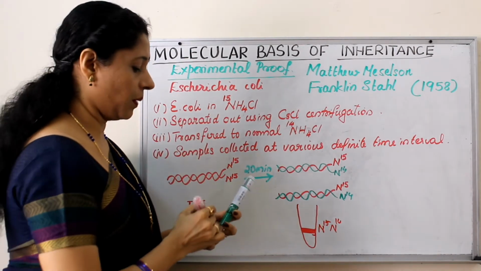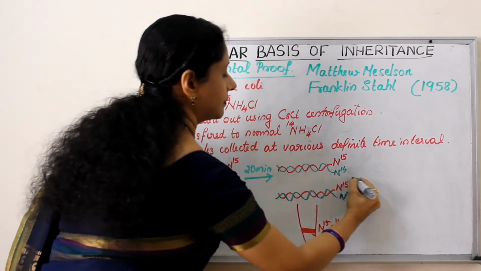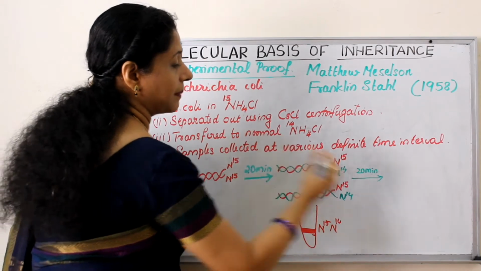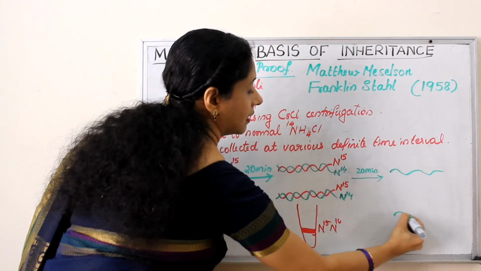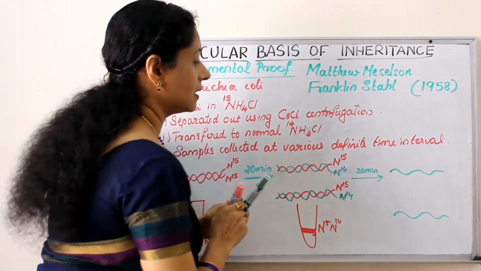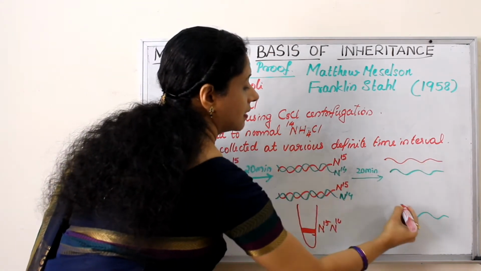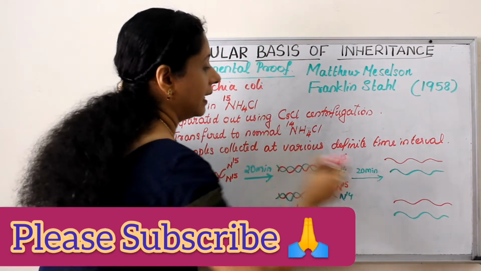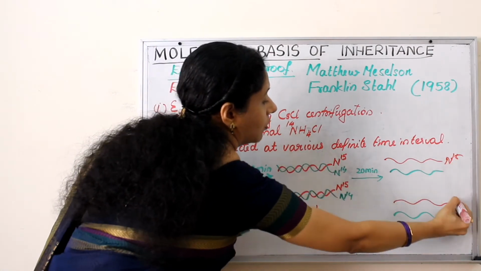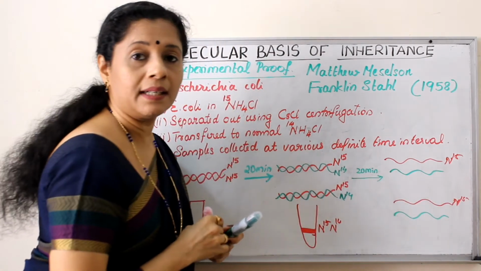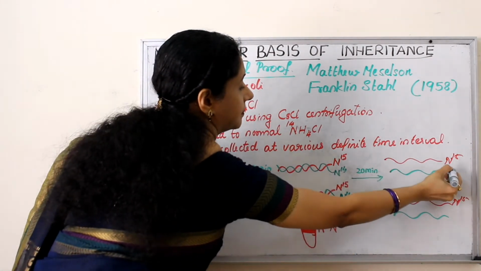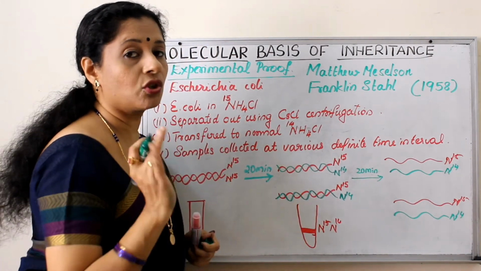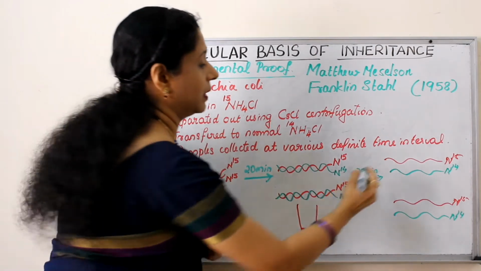Now again they waited for 20 minutes. So this time what happens? Both the DNA strands will separate out, like this. So first one separates out. What do we get? One N15 in both the strands and one N14. But the medium has only N14, so the new one is invariably N14, or the green one.